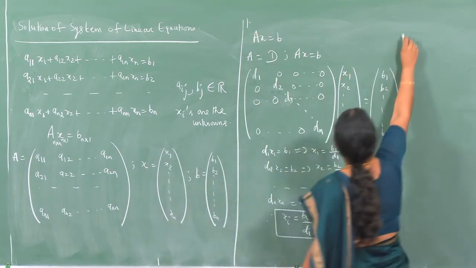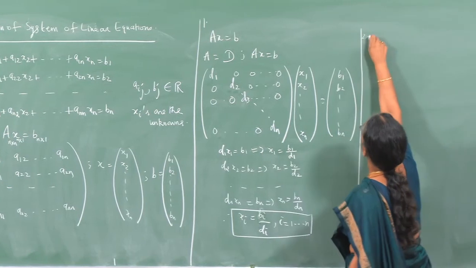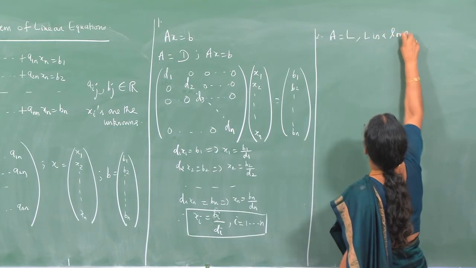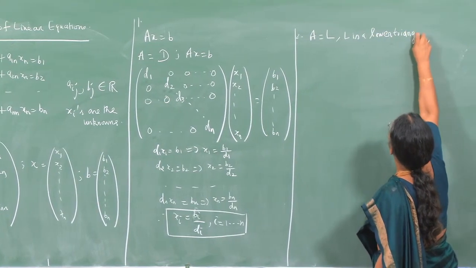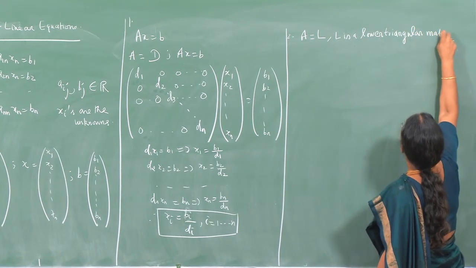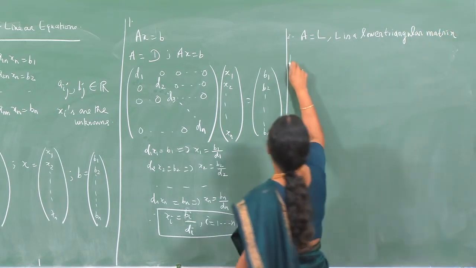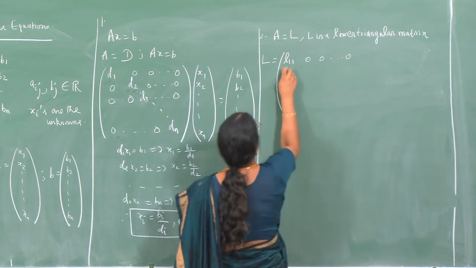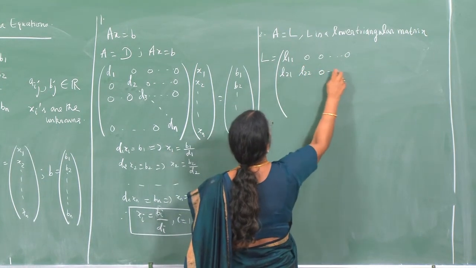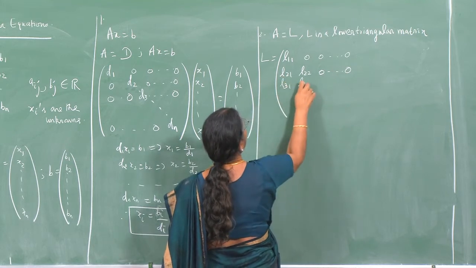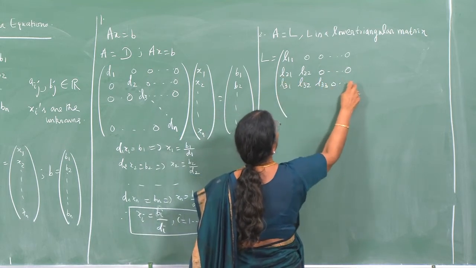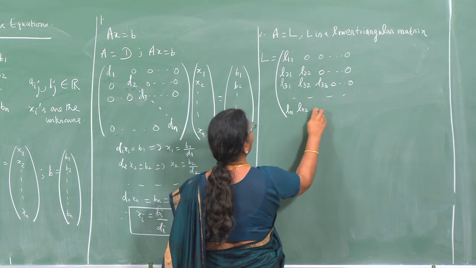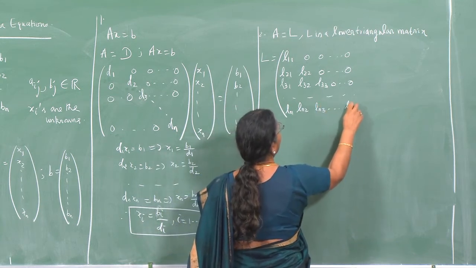Let us consider another case where, say, A is a lower triangular matrix. So, L is of the form L11, 0 etc. 0, L21, L22, and then zeros. L31, L32, L33, 0, 0, etc. And the last row will be Ln1, Ln2, Ln3, etc., Lnn.